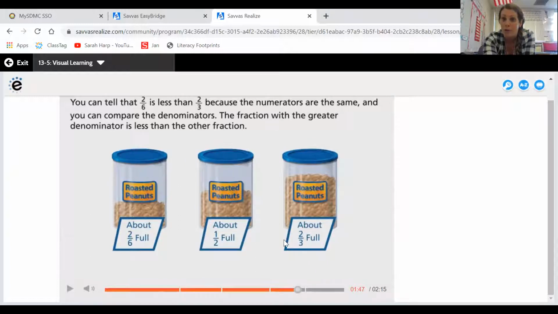The smaller denominator is actually the bigger fraction, okay? And we'll keep practicing that. But if the numerator is the same, you look at the denominator. The bigger denominator really means the smaller fraction. And the smaller denominator really means the greater fraction, okay?